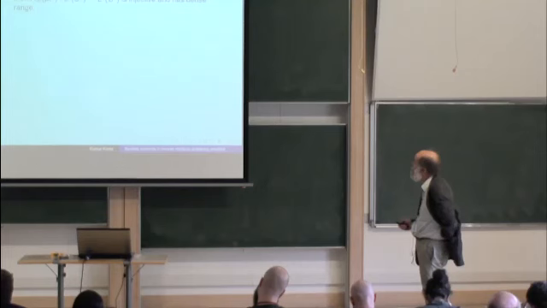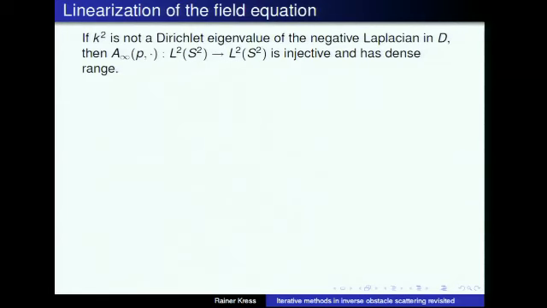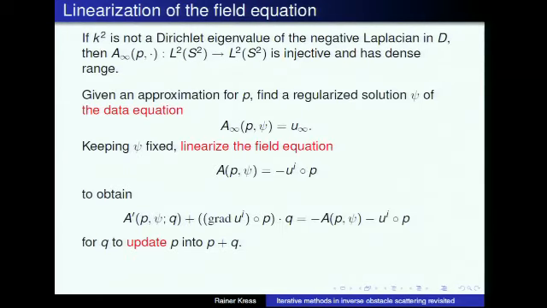So we still have a third possibility. We can linearize the field equation. So this means, again, with the assumption on k, one can show that the far-field operator is injective and has dense range, and hence regularization makes sense. So we solve the ill-posed equation first for the density, and then keeping the density fixed, we solve this equation by linearization.